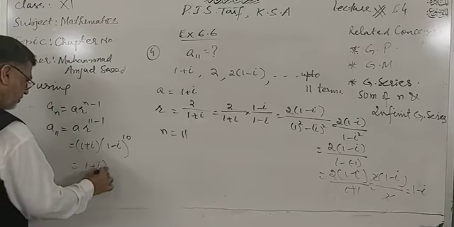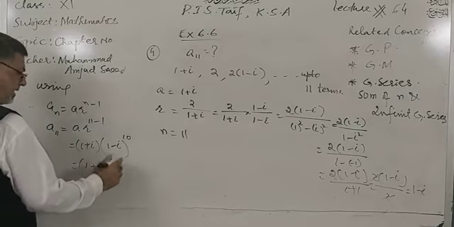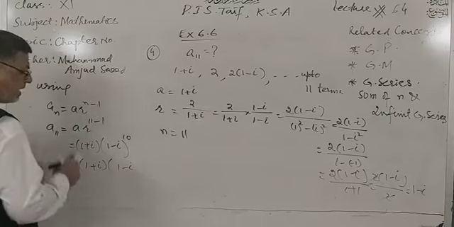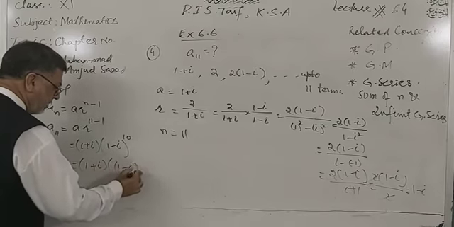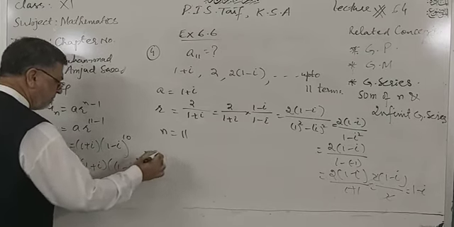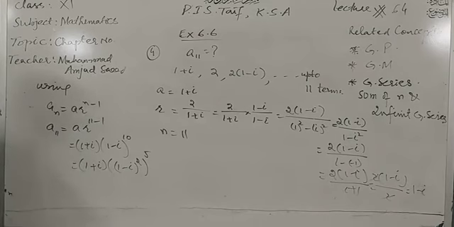Dear students, now you can check. I can write 1 minus iota power 10 as 1 minus iota square whole power 5. Basically, we can open up the formula of square inside this power 5.